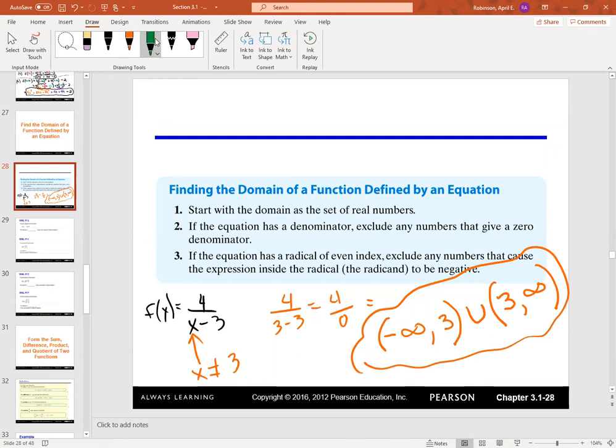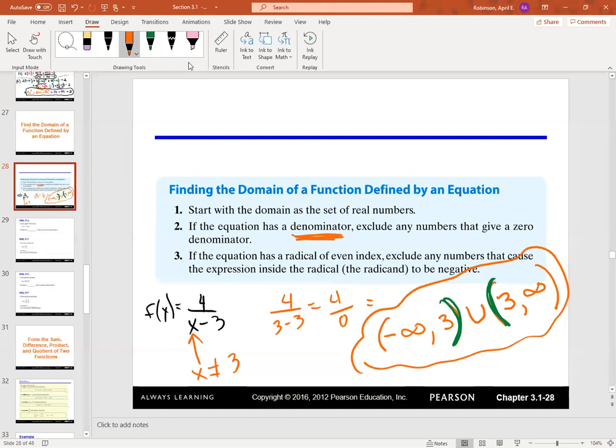And the reason I know that is because you've got parentheses on this side of the 3 and parentheses on that side of the 3, which basically is saying you can go up to 2.9999999, and then on the other side it's like 3.000000001, you know? So that's if you have a denominator.